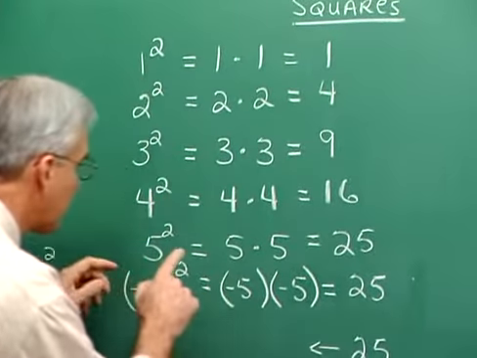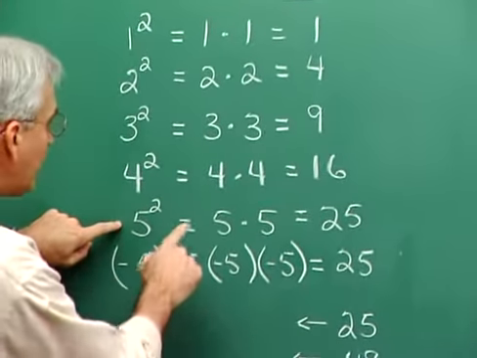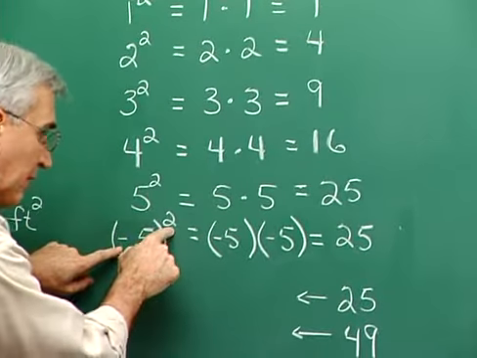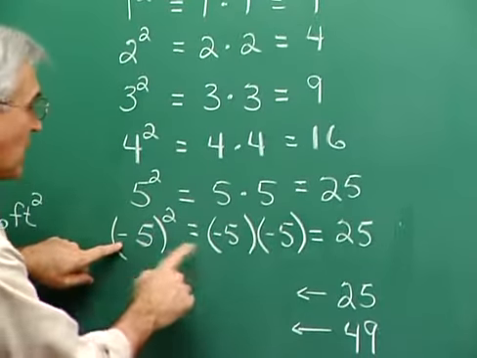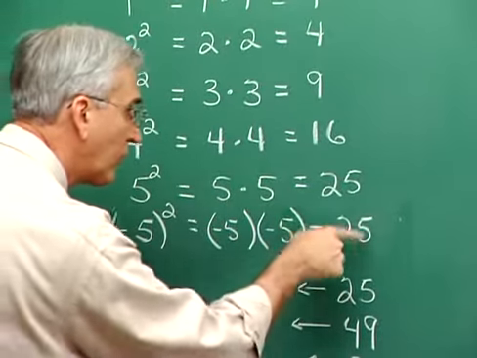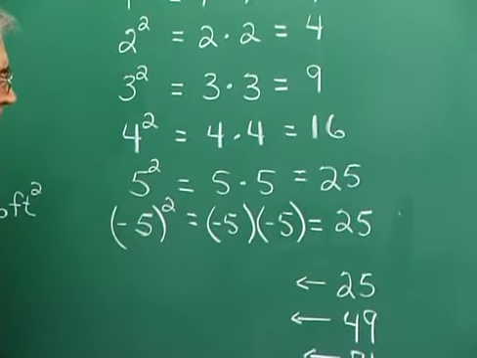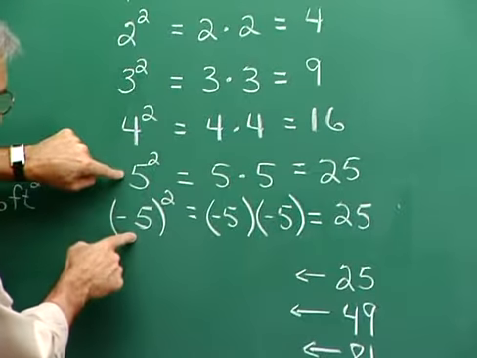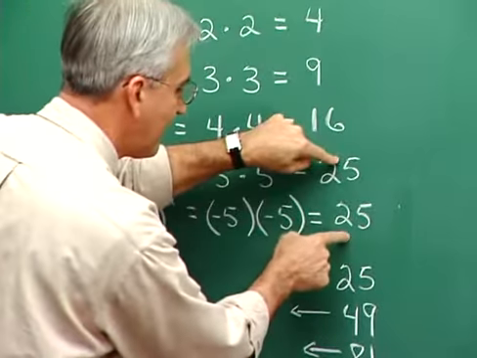Now, here's an interesting situation. 5 squared means 5 times 5, 25. Negative 5 squared means two factors of negative 5. Negative 5 times negative 5, also 25. So, there are two numbers, actually, which when squared will give 25.